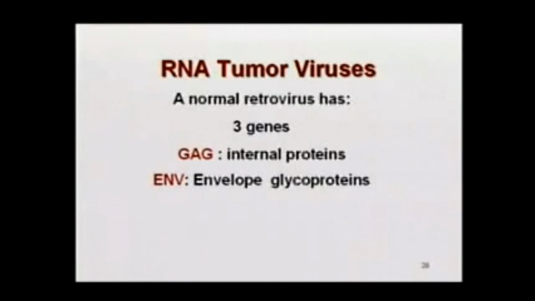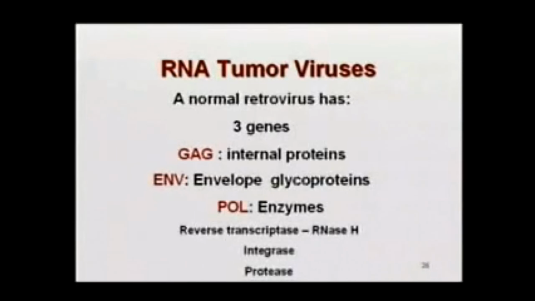A large polyprotein is cut up by a protease into the mature proteins. And the polymerase, our third gene here, contains the gene for the enzyme for that protease. So this is a virus-encoded protease that is used to cleave the initial internal proteins to their mature form.